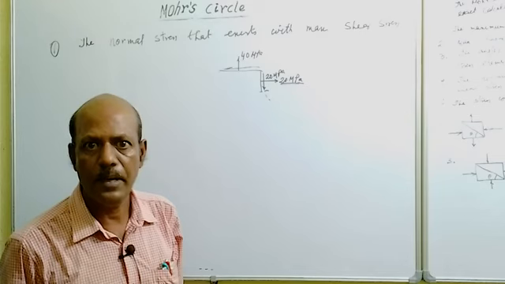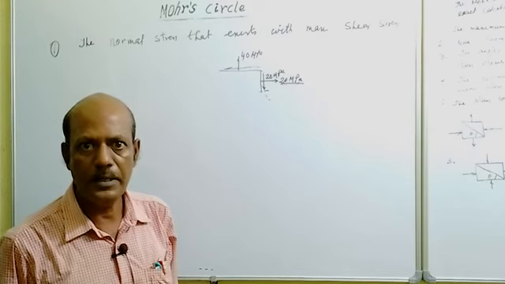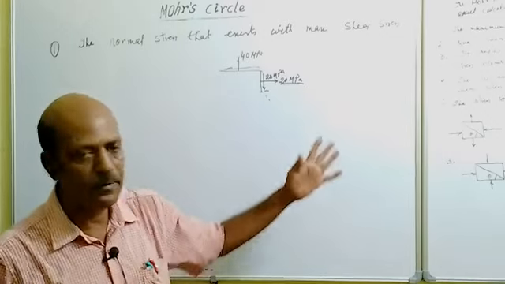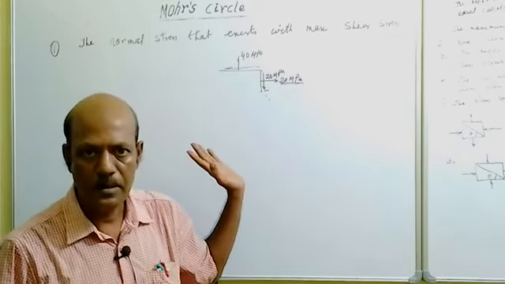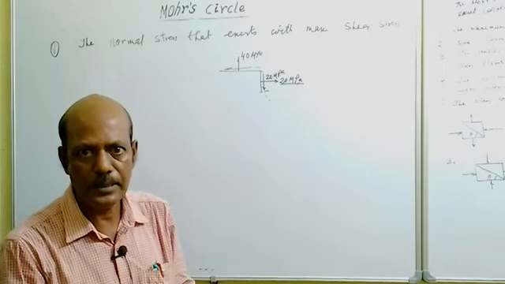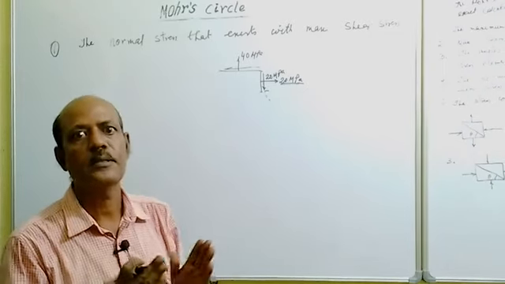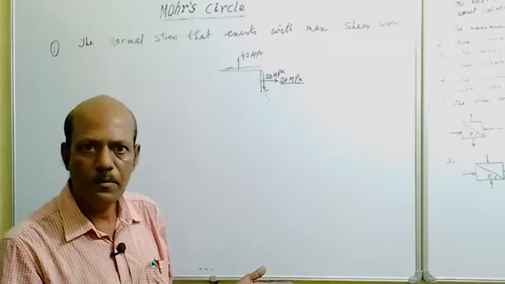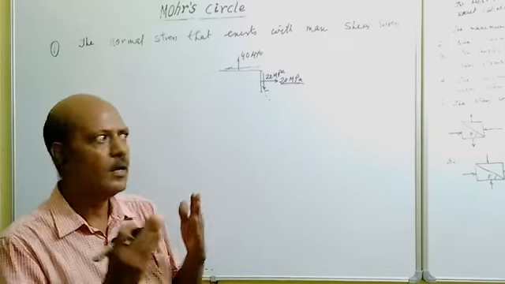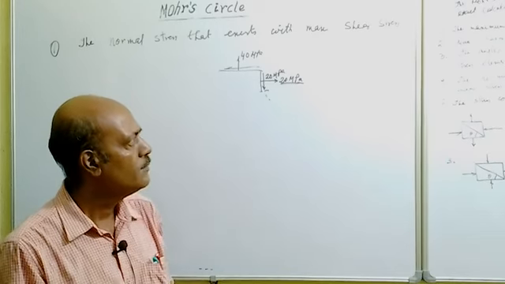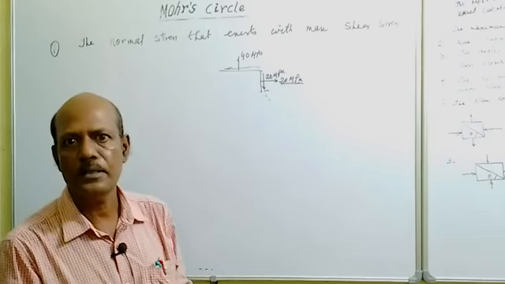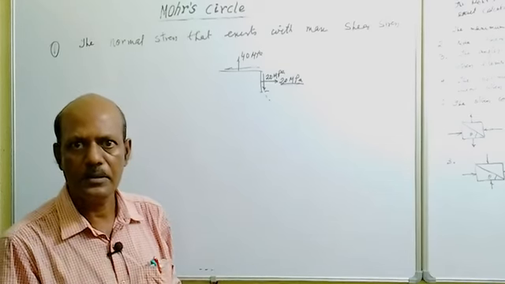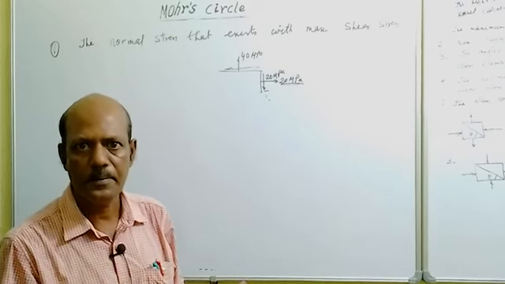I hope by this time you can draw the Mohr circle independently and find the various parameters required, whether it is maximum principal stress, minimum principal stress, maximum shear stress, angle of orientation of maximum shear stress and minimum shear stress, and the normal stress that will act along with the maximum shear stress plane.